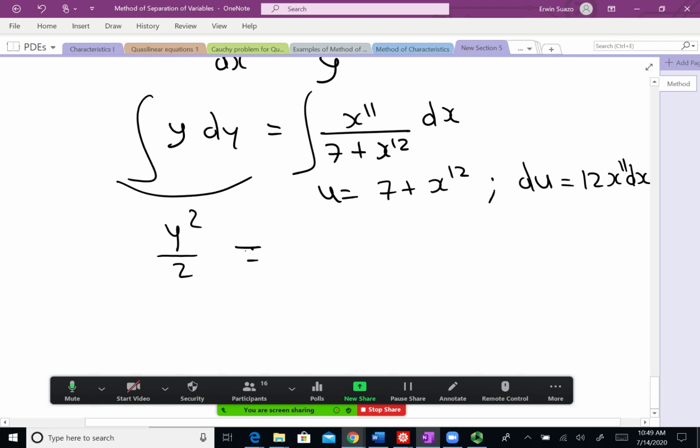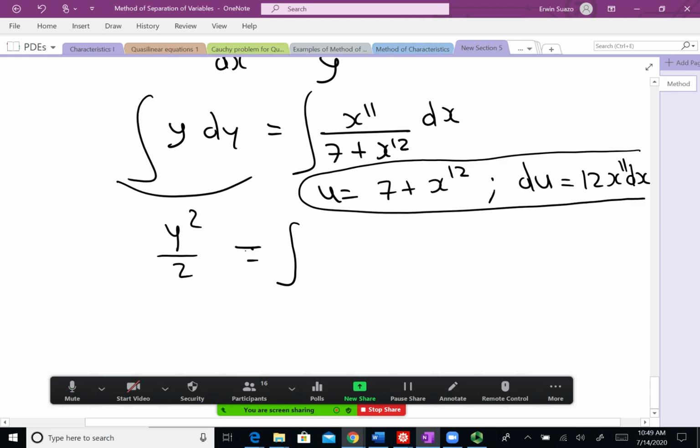So go ahead, make the substitution over here. 11 to the other side. Right. So we want 7 plus x to the 12, so that's u. Now I have x to the 11 dx, right? So x to the 11 dx is this, but I have 12 x to the 11 dx, so I need to divide by 12. In that way, I will have x to the 11 dx. That's what I need.